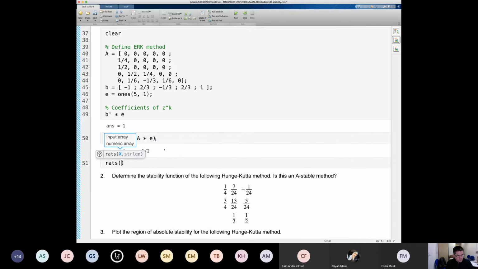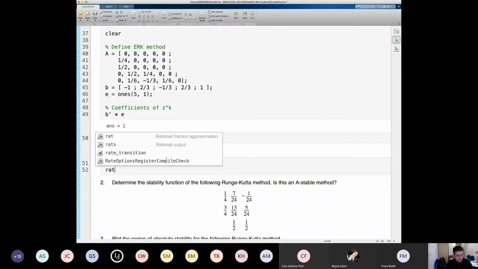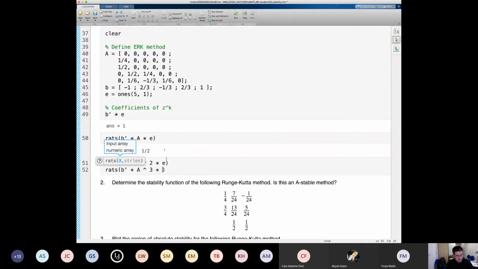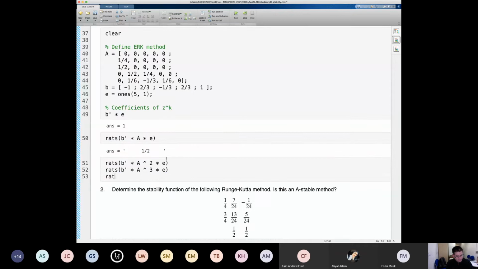Coefficient of z cubed: this is B transpose times A squared times E. Now I'm just going to increment the power of A, with rats of B transpose times A to the power 3 times E, and then do a couple more.